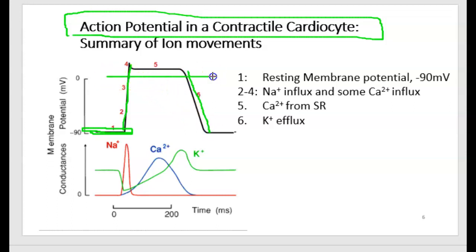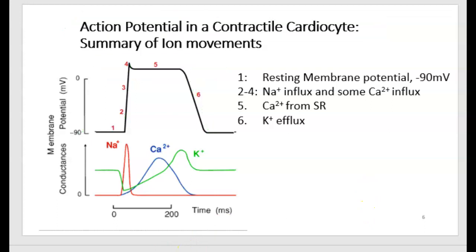But notice this plateau phase, number 5. That plateau phase is unique for heart muscle cells. And that doesn't reflect contraction per se. It's reflecting how long the cell remains depolarized at a maximum level. So we haven't seen that before.